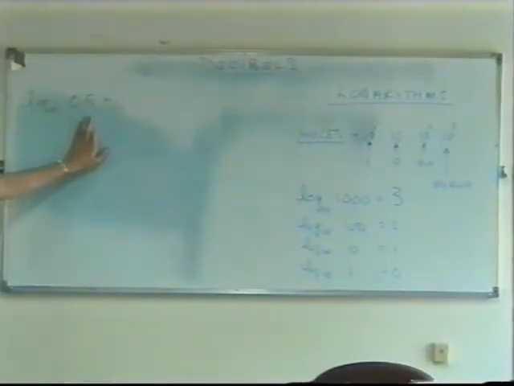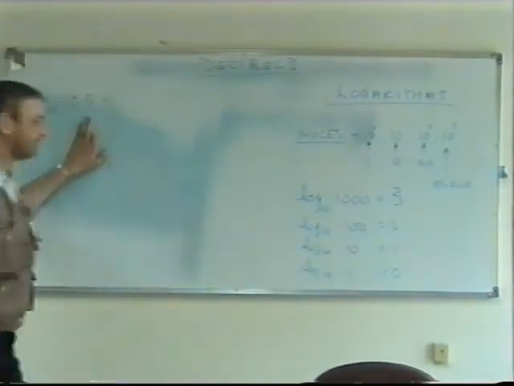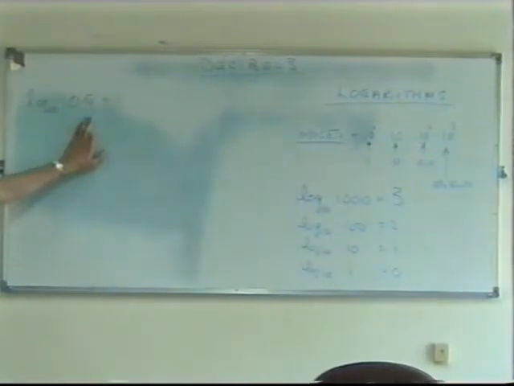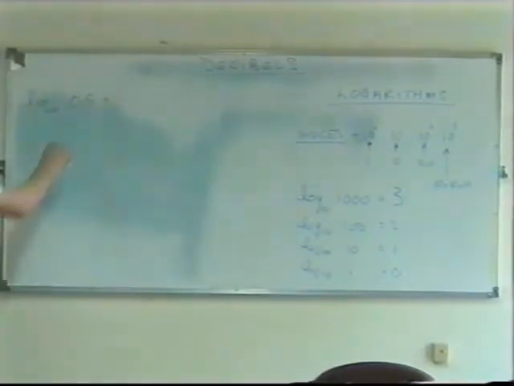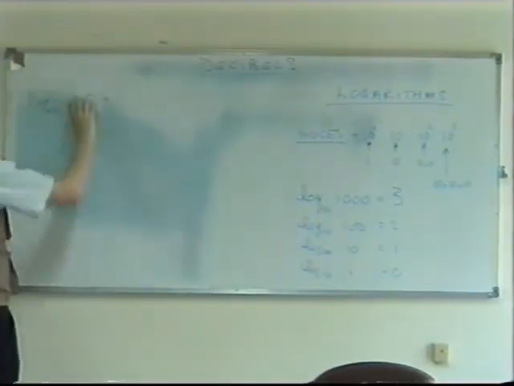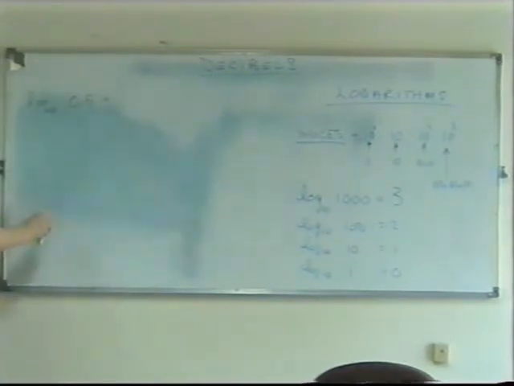Or if you've got a calculator, does anybody have a calculator with logs on? You don't. Okay, then you'd have to look at the number. So if I have a log of any number less than 1, doesn't matter what the number is, a fraction in other words, then the answer is going to be a negative number.